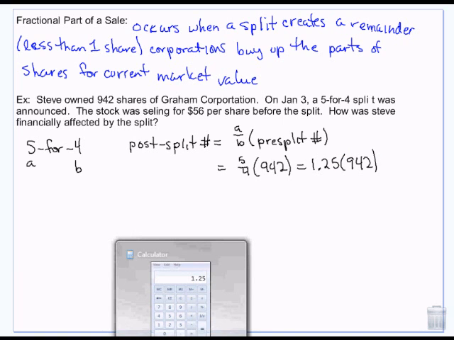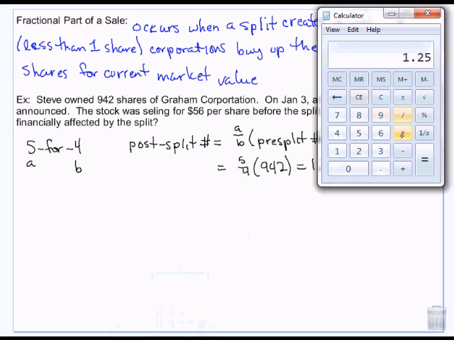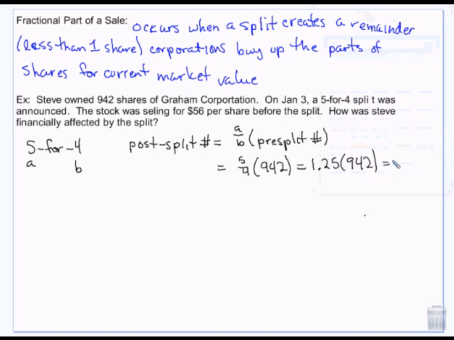We're looking for the post-split number because we're saying how he was affected, so we do everything. So he gets 1,177 and a half shares. We'll come back to that.